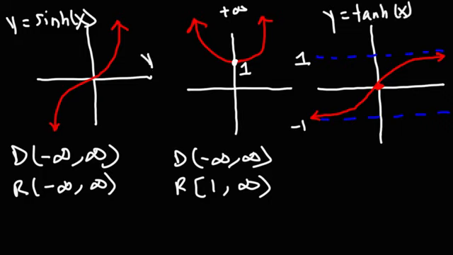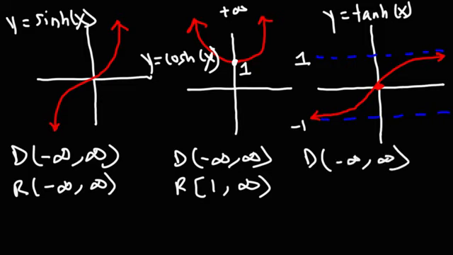Now, the domain for hyperbolic tangent, if we look at the x values, the graph goes all the way to the left from negative infinity, and it goes all the way to the right to positive infinity. So the domain for all three of these functions is all real numbers. Now the range, it's bounded by the 2 horizontal asymptotes. So the lowest it could be is negative 1, and the highest it could be is 1. But it doesn't include those values. So we don't have a closed interval, we have an open interval. So it's negative 1 to 1.